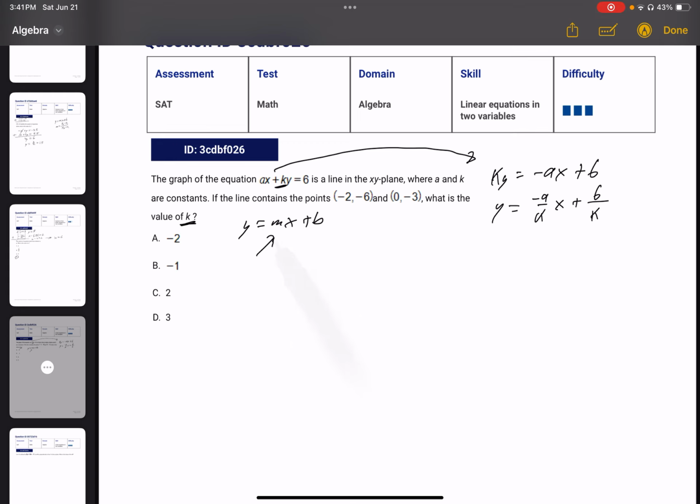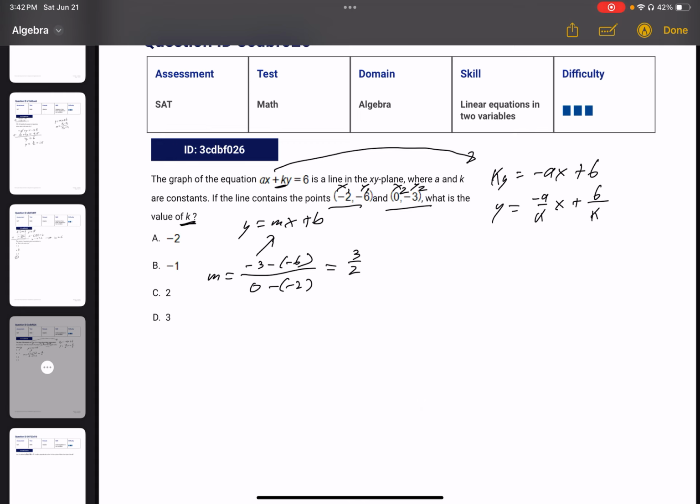We're trying to fill in this equation and then match it for the constants. So we know m is equal to, and we have these two points, so we're going to make this y2, x2, y1, x1. y2 minus y1 is -3 minus -6 over 0 minus -2, and that is equal to 3 over 2, and that's going to be our slope.